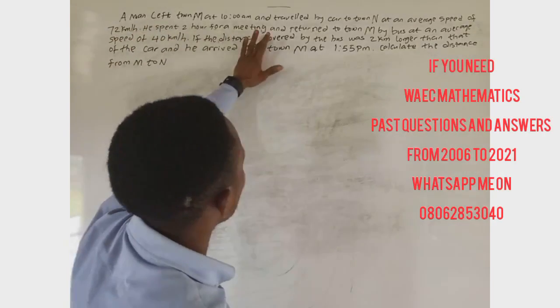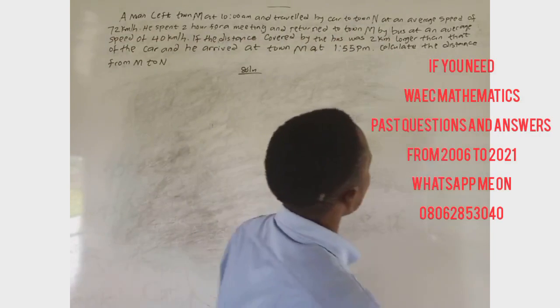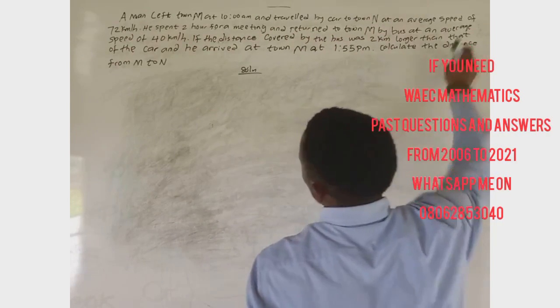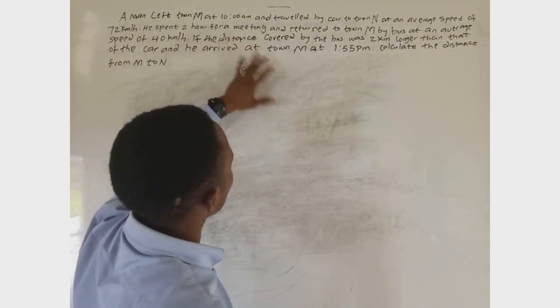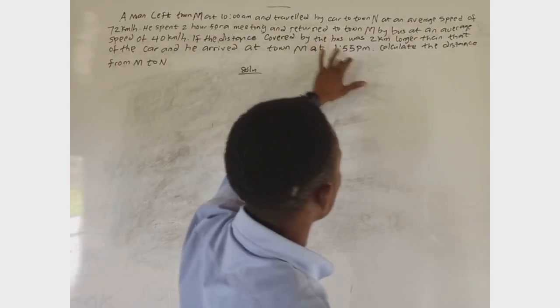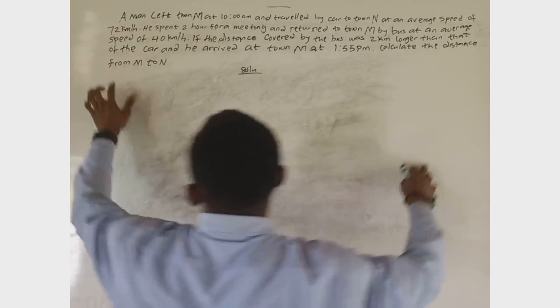If the distance covered by the bus was 2 kilometers longer than that of the car, and he arrived at town M at 1:55 p.m., calculate the distance covered from M to N.